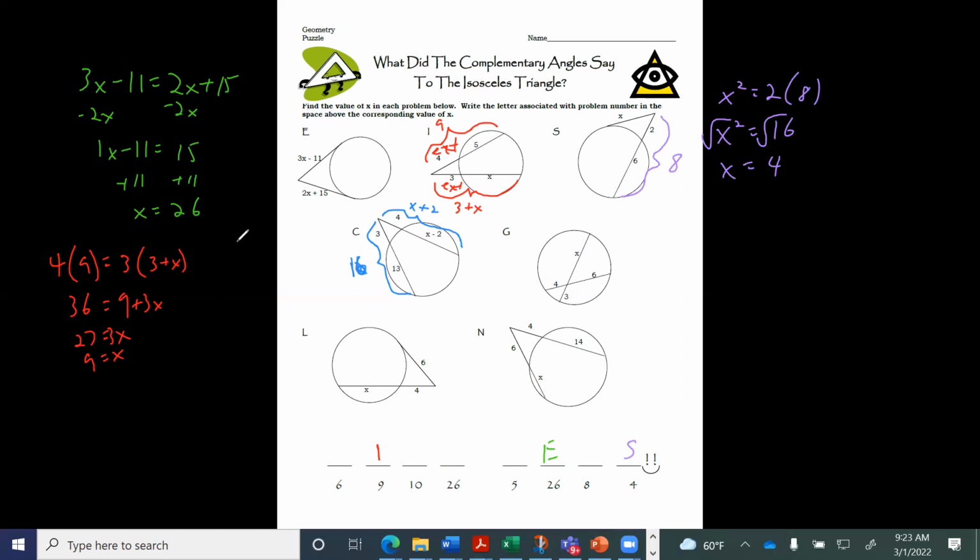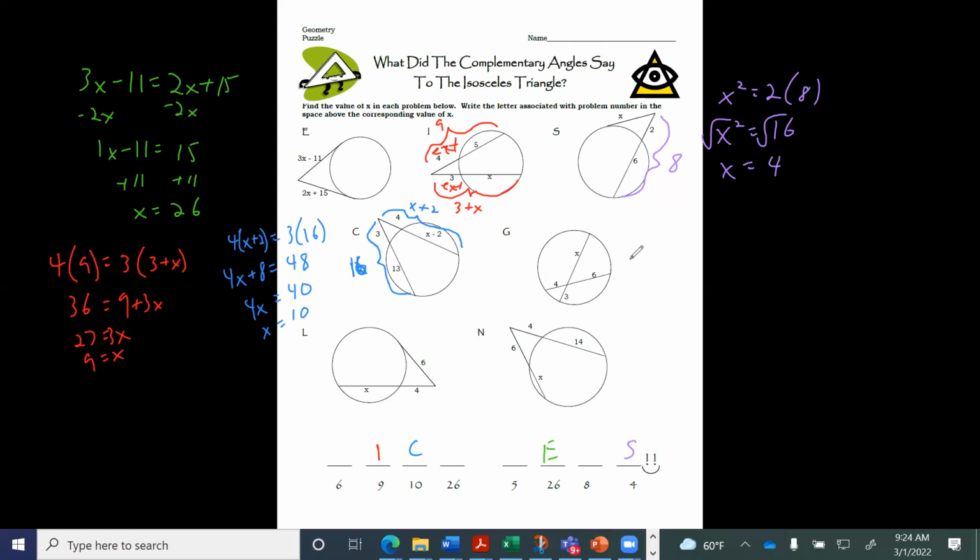So my equation on this one, 4 times x plus 2 equals 3 times 16. Distribute the 4, that's 4x plus 8 equals 3 times 16, that's 48. Subtract the 8, you get 40. Divide by 4, and x is 10. So C, so 10.